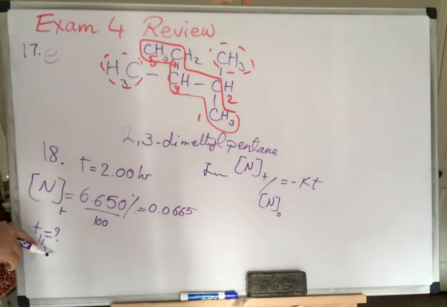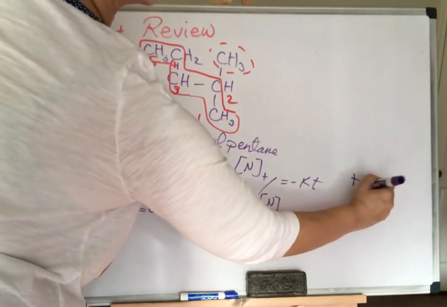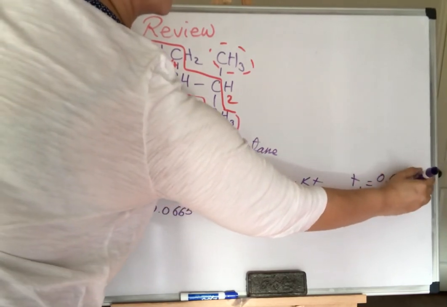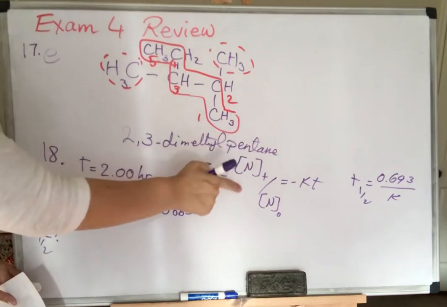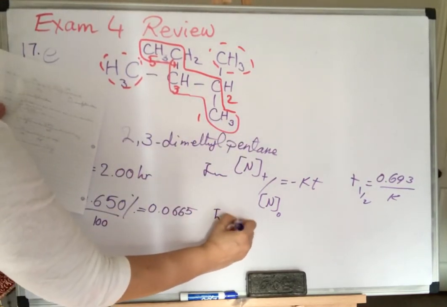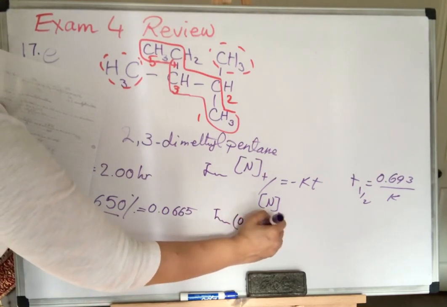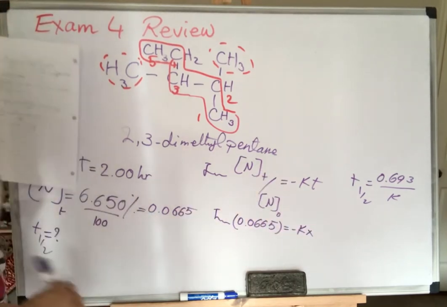What are we looking for? T half-life. Before finding half-life, you need to find K. You will find it from this formula. So you will have ln of 0.0665 is equal to minus K times time.